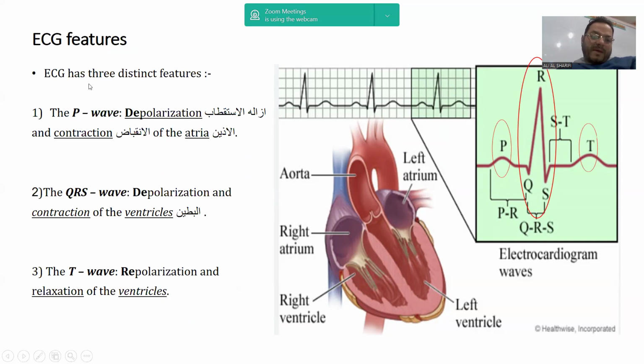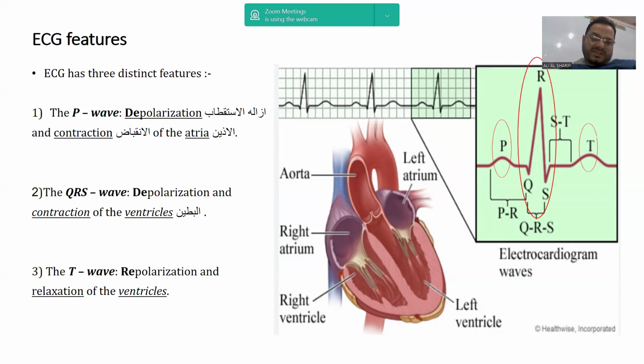Now let's come back to the P wave. What does it mean? That means depolarization. That means this heart cell started to take the order, started to do its job. Here, the P wave is related to the atria, not the ventricle. Be careful about that.